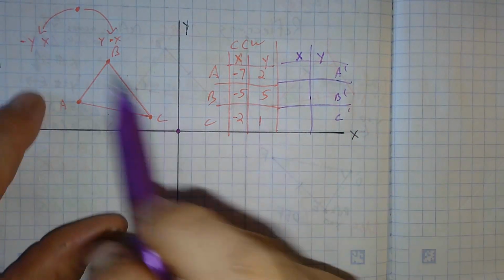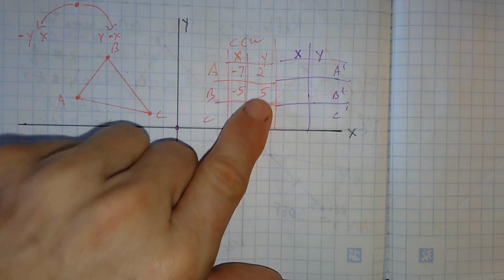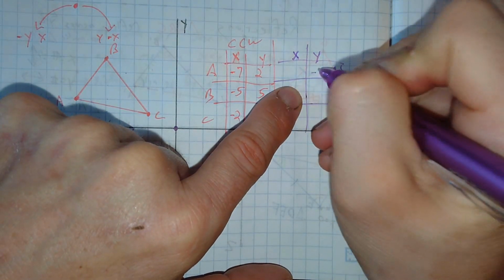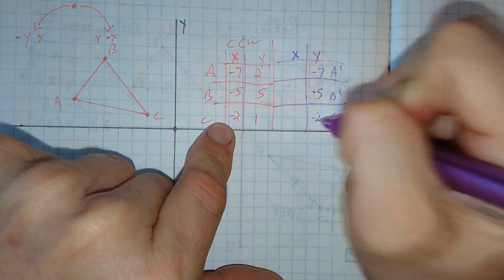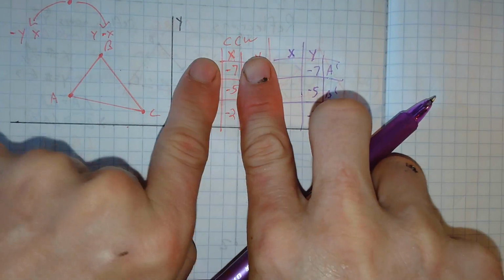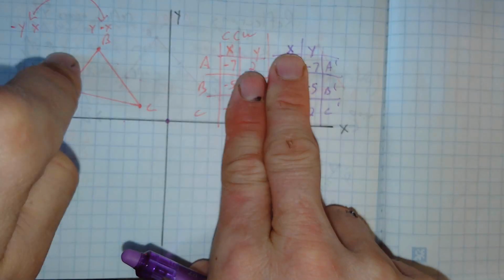Okay, the first thing I got to do is change the X and the Y. Okay, so it's going to be -7, -5, and -2. Okay, see, I just take this X column and I put it in the Y column.